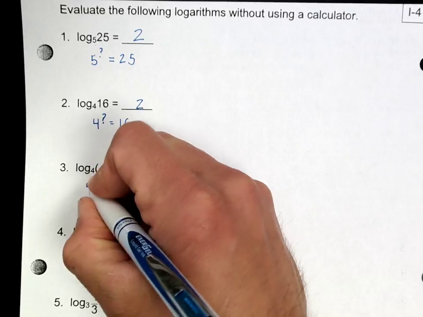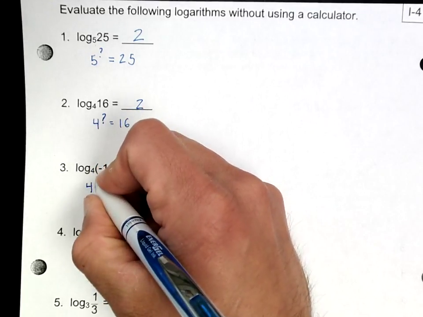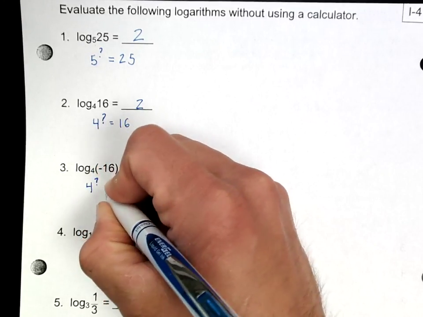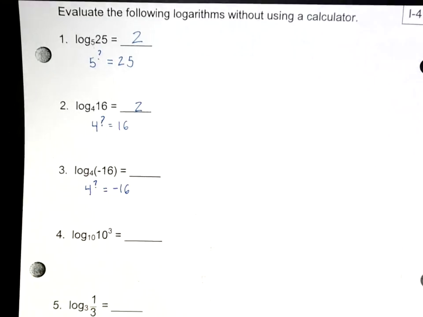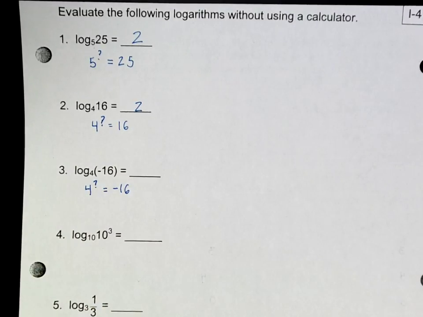This one's interesting. It's asking you 4 to the what power is equal to negative 16? Is there any power, if the base is positive, where you're going to make that negative? Would it have to be a fraction? No, if you make it a fraction, well, I'm actually going to get to the fraction part of it, but it's a trick question. You can't do it.